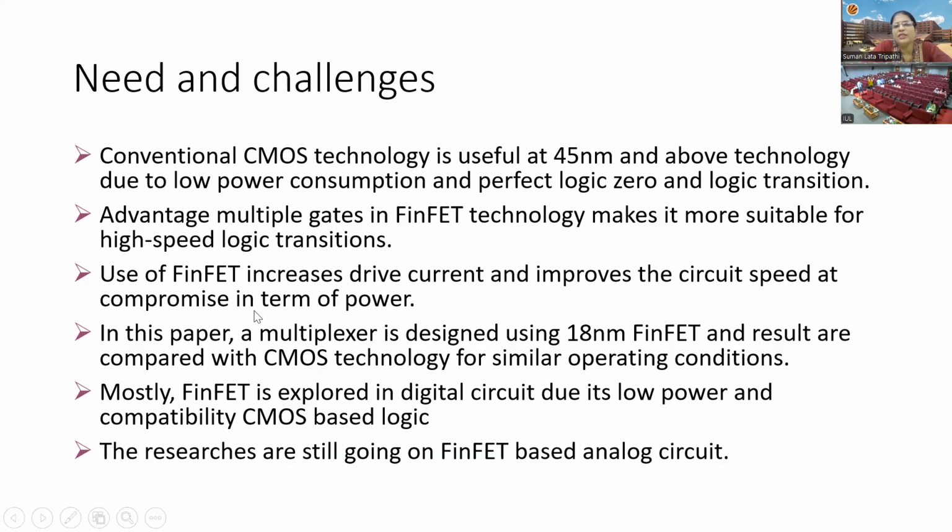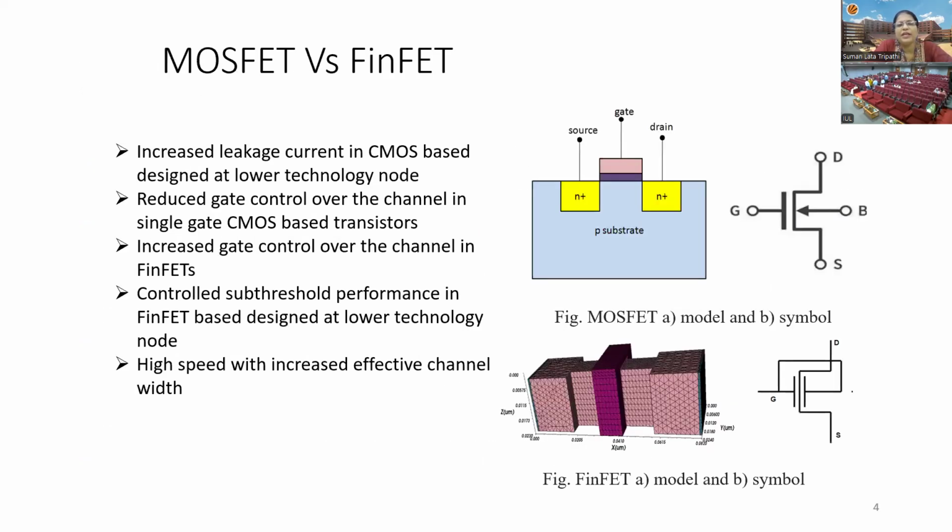So how is the drive current increased? On the same technology node, the number of gates will be more. In fact, FinFETs are available in double gate and triple gate format. If you compare with a single gate MOSFET, where the number of gates is only one and the channel is planar, but if we make the channel vertical, we can place the gate on all three sides of the channel.